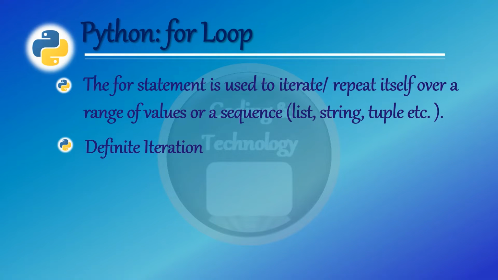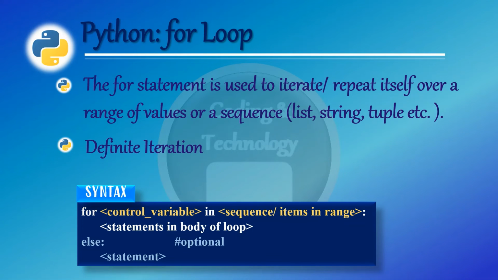In Python, for loops are referred to as definite iteration, in which the number of repetitions is specified explicitly in advance. The syntax of the for loop is: for control variable in sequence or items in range, followed by a colon, statements in the body of the loop, after that an else statement followed by a colon, then a statement.